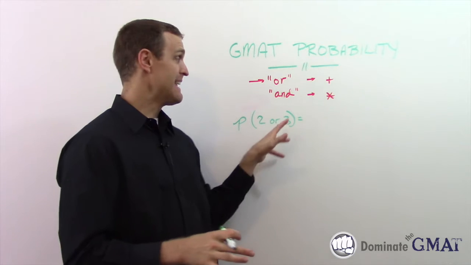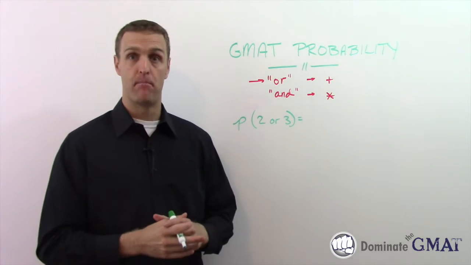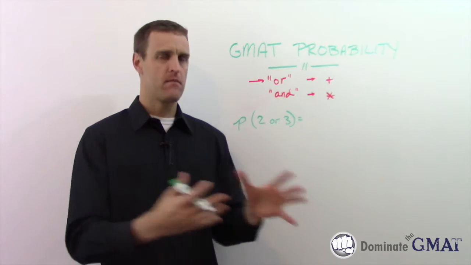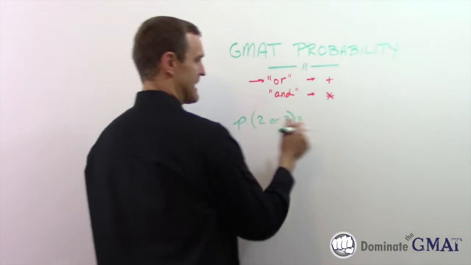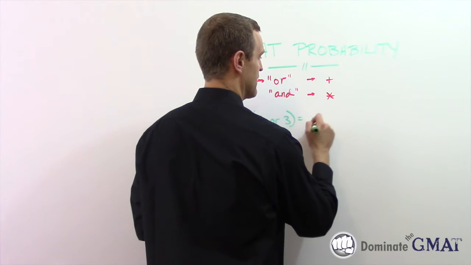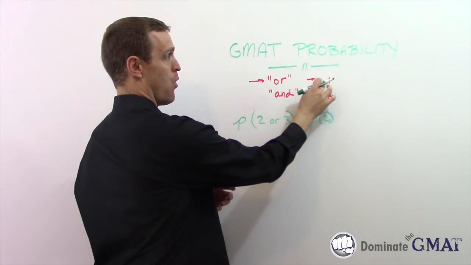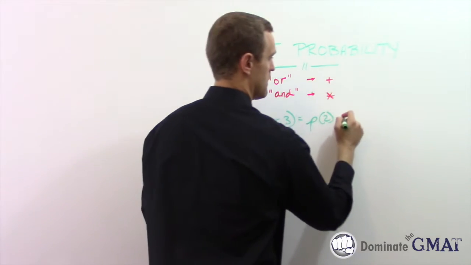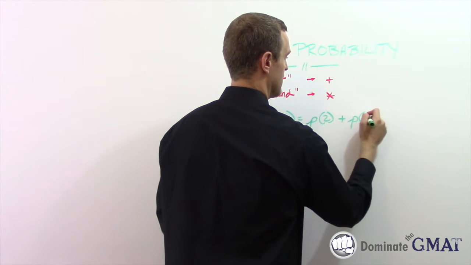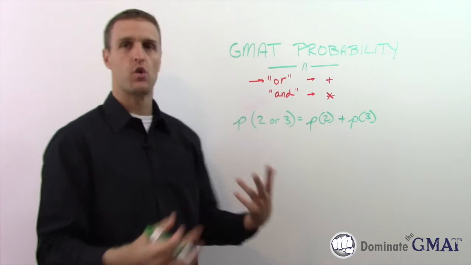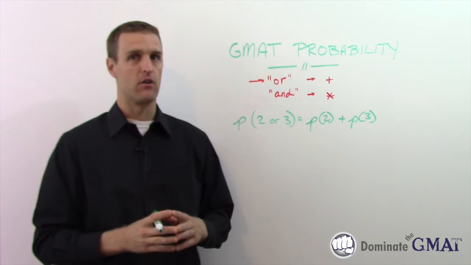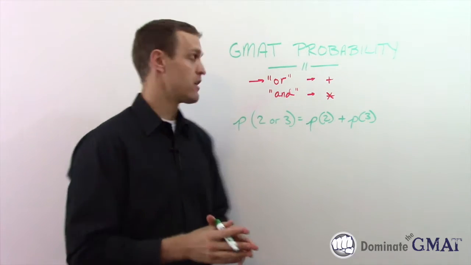Okay, pretty straightforward, right? So I can either get a 2 or a 3, both count. The formula is that it equals the probability of getting the 2 plus the probability of getting a 3. So we're just going to add those things together, very simple, very straightforward.